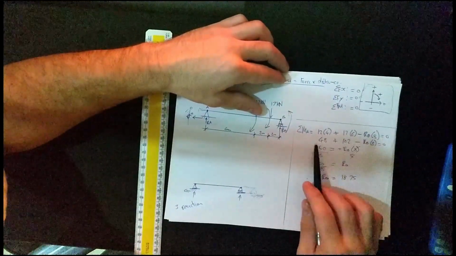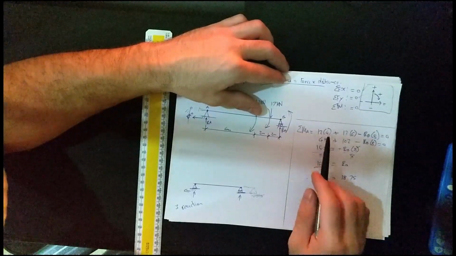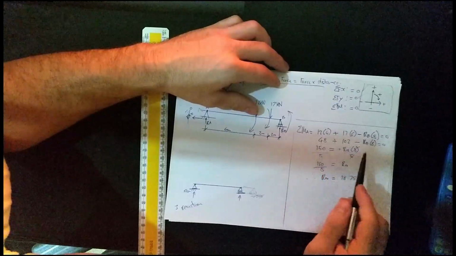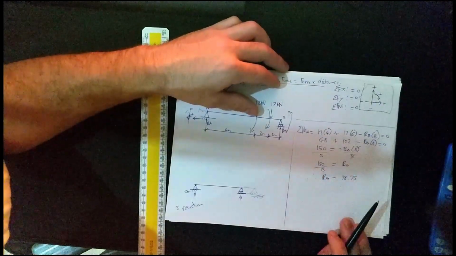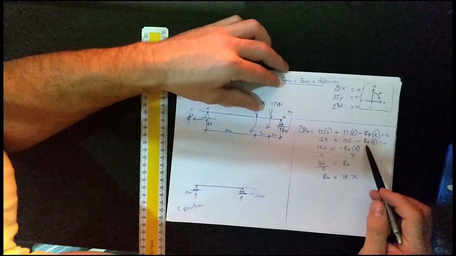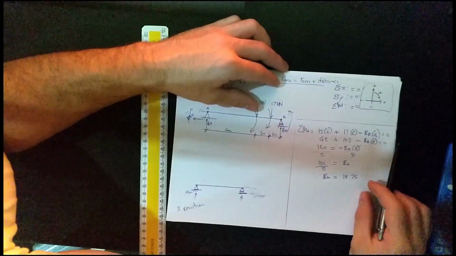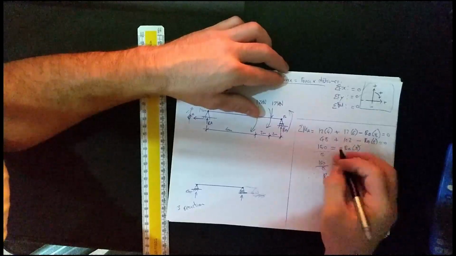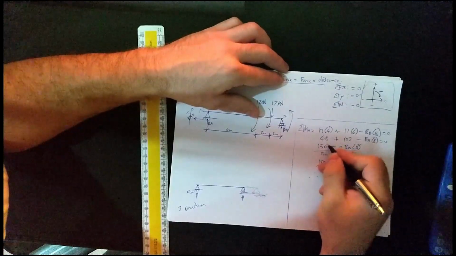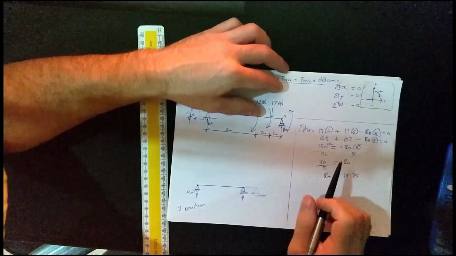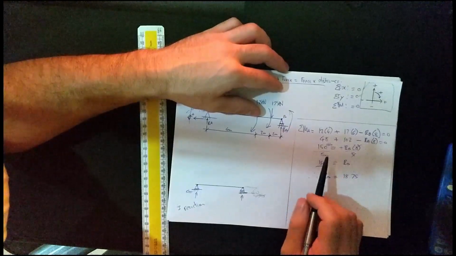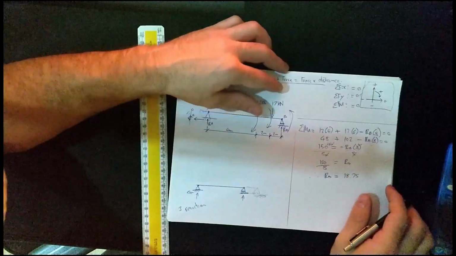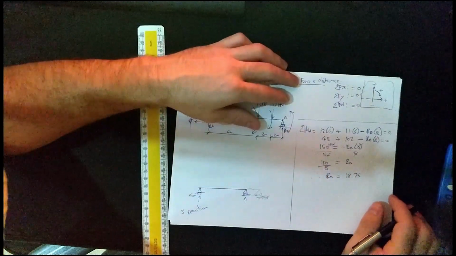All these moments end up in kilonewton meters because they're multiplied together. So that's 48 kilonewton meters, 102 kilonewton meters, and RB times 8 kilonewton meters. That is in kilonewton meters, and that is meters. So when you divide kilonewton meters by meters, meters cancel out. You're just left with kilonewtons.